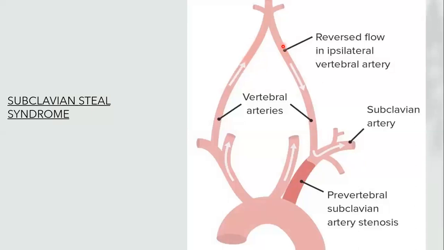So there'll be no blood flowing upwards in this vessel here. Because of gravity and reduced resistance, instead of continuing to the circle of Willis, its flow will be reversed and it will flow down and go to that upper limb there. So that's the subclavian steal syndrome.